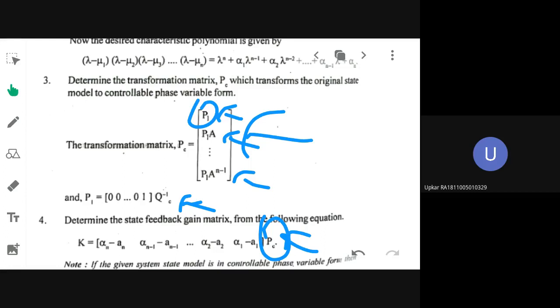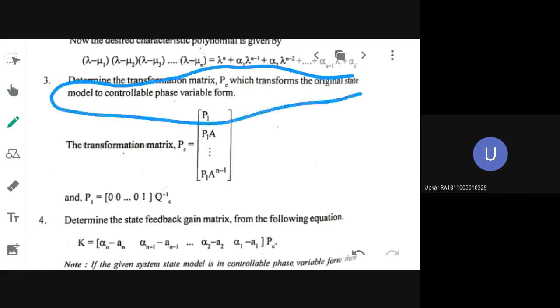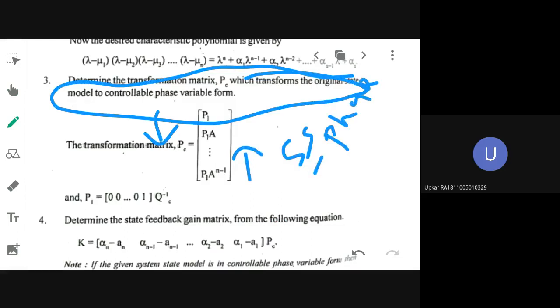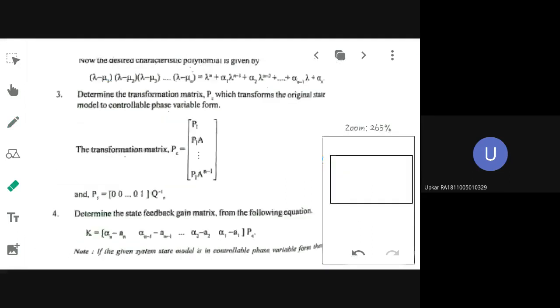And one more thing, this is called a transformation matrix because it will be converting the state model into phase variable form. Using this matrix only you will be able to convert the state space model into phase variable form. Sometimes those sort of problems will also be given. So remember that. Now we will solve the problem.